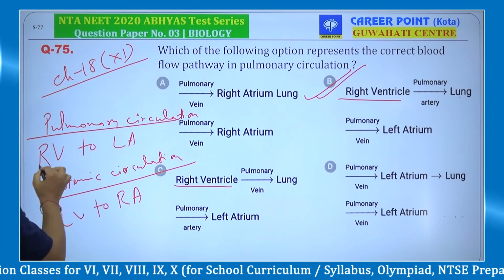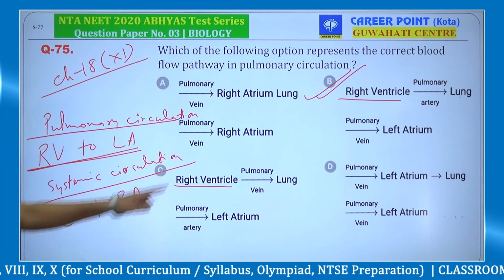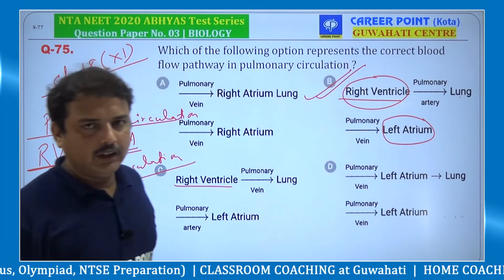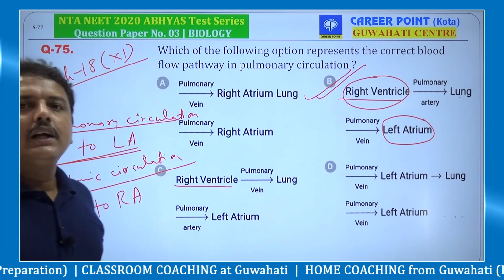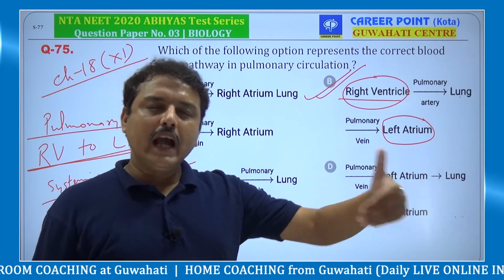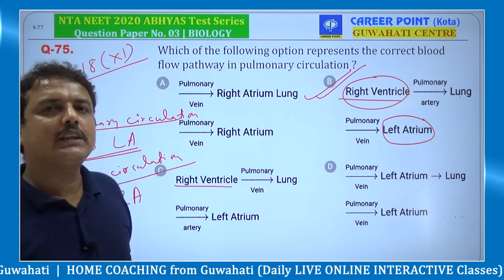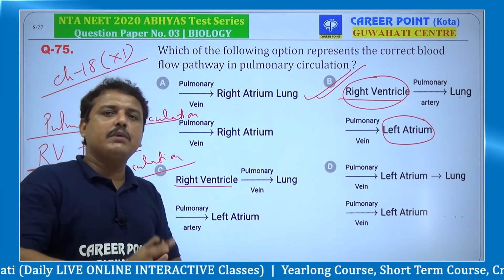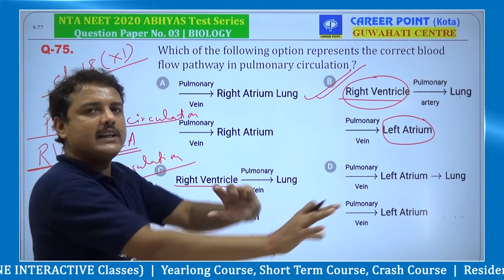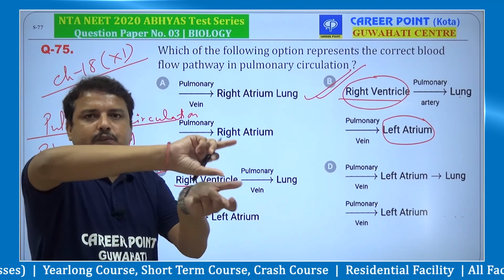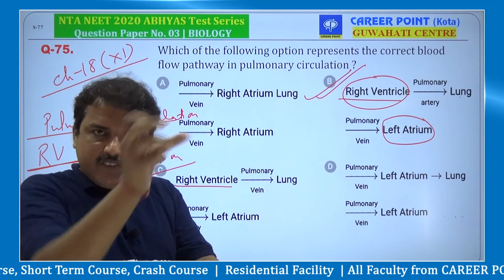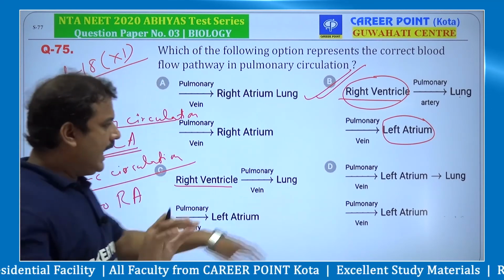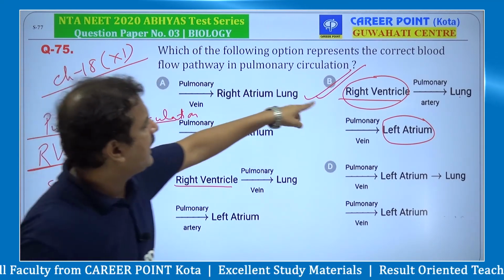So it is right ventricle to left auricle, because from the right ventricle the blood is pumped out by the pulmonary artery, then reaches the surface of the lung for oxygenation. From the lung, the pulmonary vein carries the oxygenated blood and drains it into the left auricle. Clear? So here the answer is B.